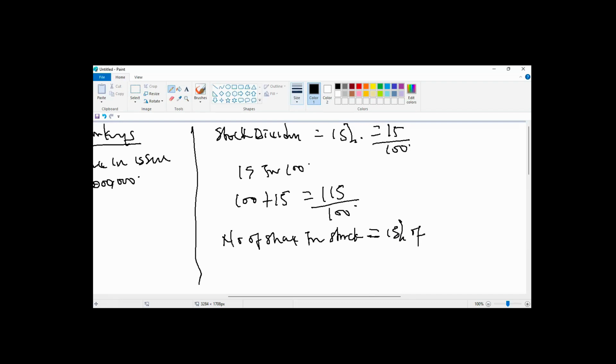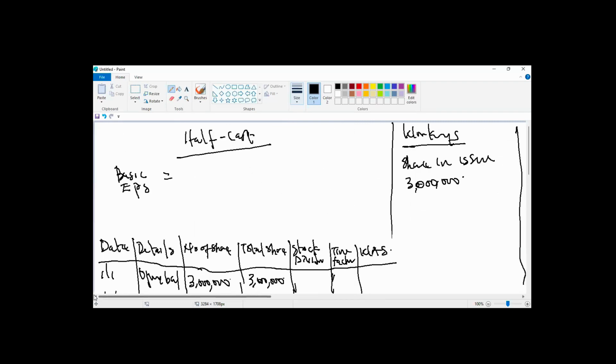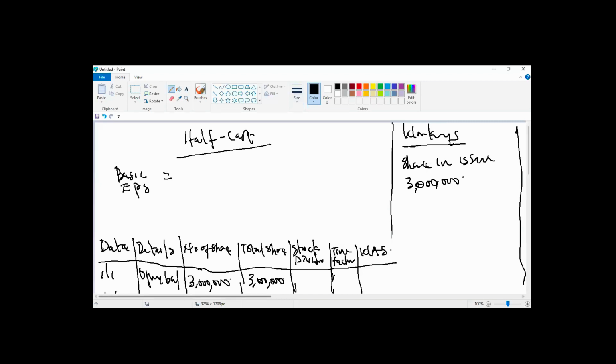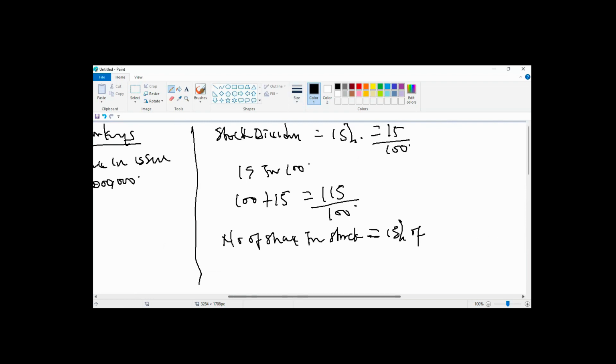What is our total? 31 is our total. 50% of 31 is 2% of 31. 465. What do you say? 465,000.